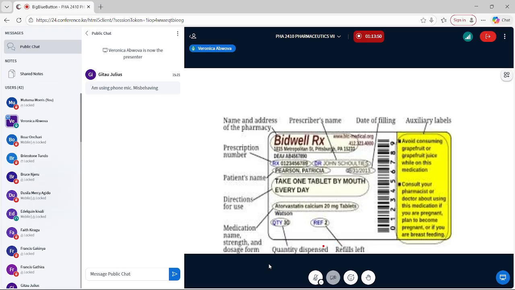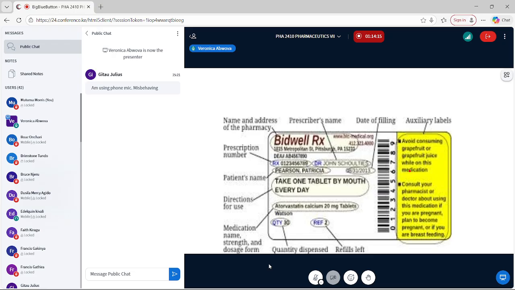Now, this is your standard prescription, but you may get drugs where you need to have additional labeling. For instance, we talked about alcohol. So that is what we are referring to as auxiliary labels. Like this one, they've indicated avoid consuming grapefruit or grapefruit juice while on this medication.